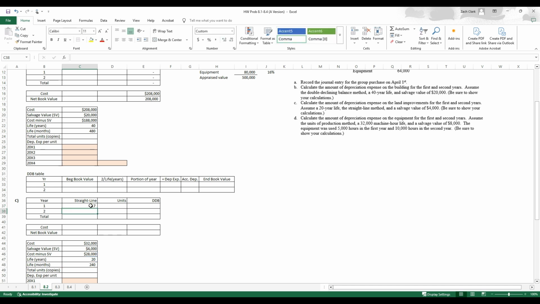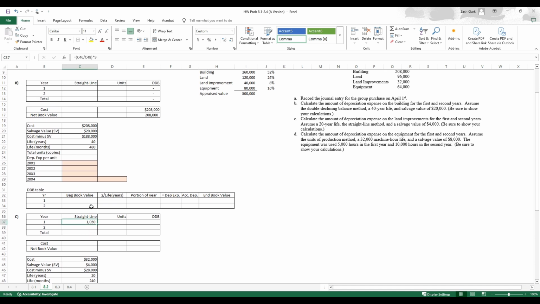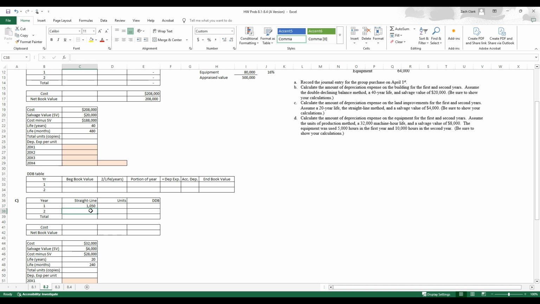So this is cost minus salvage value divided by the total months. That means every month of depreciation in a given year when it's in service will be $117. And in that first year, we had 9 months. So we're going to multiply that by 9. So then we get 1,050 in depreciation expense for the first year.